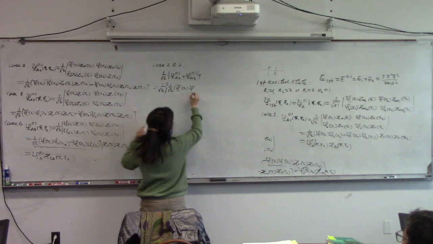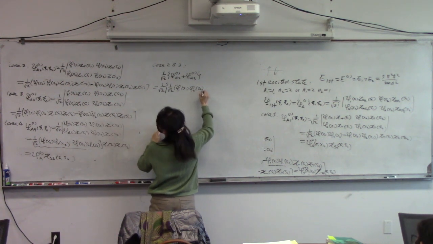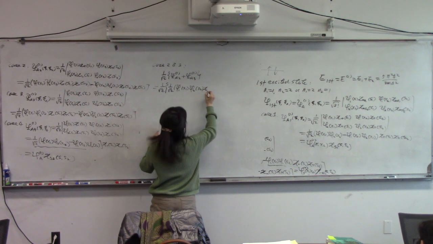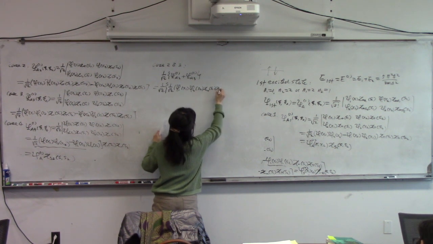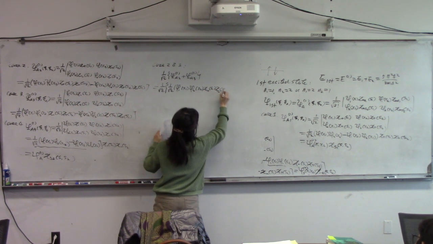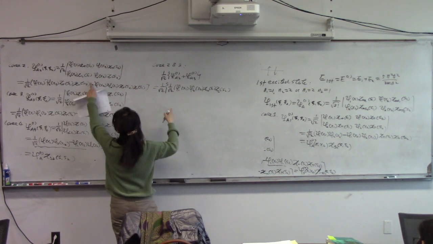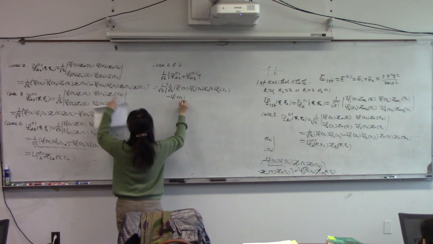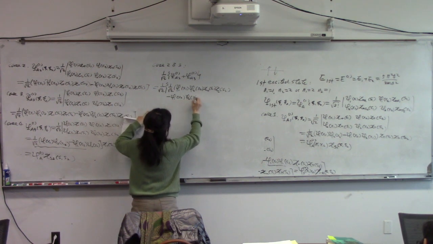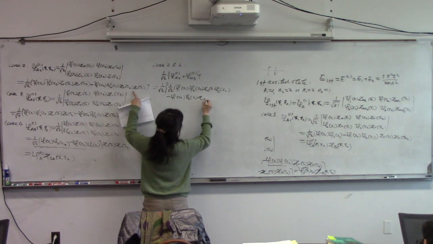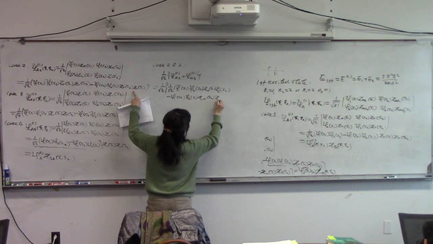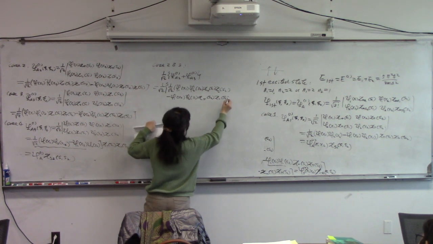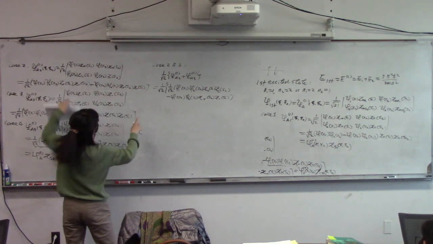So case 2 here, right? x2 kappa plus s1, kappa minus s2. The first term, the second term minus psi 1 x2, psi 2 x1, kappa plus s2, kappa minus s1. That is the case 2 and case 3 here, right?